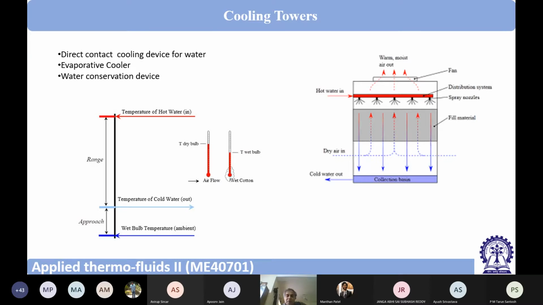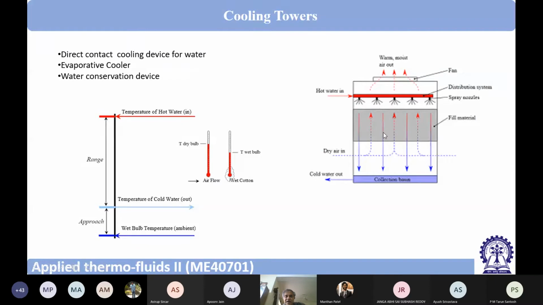So the working principle of a cooling tower, wet cooling tower or evaporative cooling tower, let us understand. Here we have a fan and the fan is drawing air. There are gaps, and through these gaps atmospheric air will enter. From the top we are injecting hot water with the help of nozzles. That water will fall in the downward direction and air will move in the upward direction.